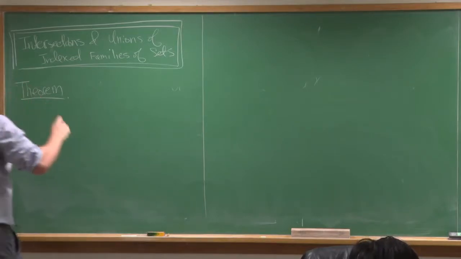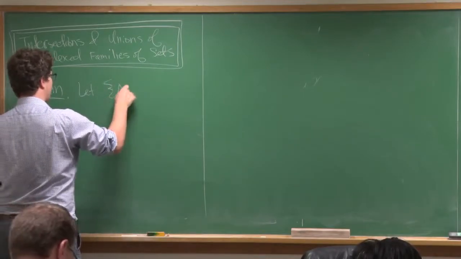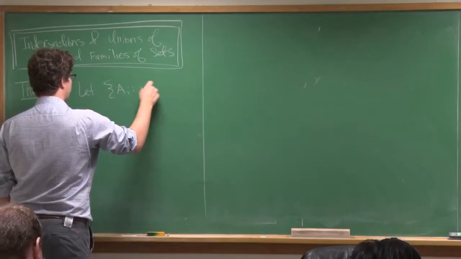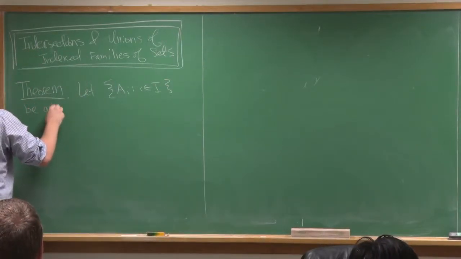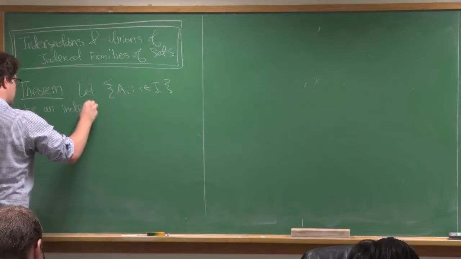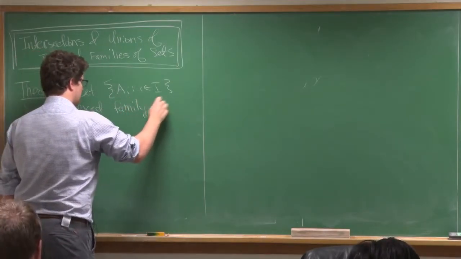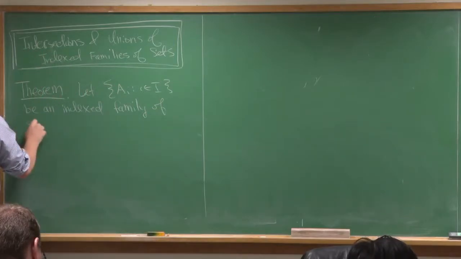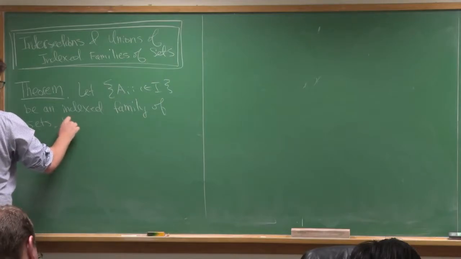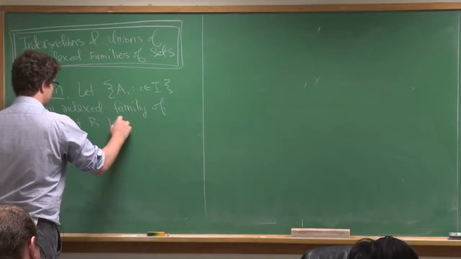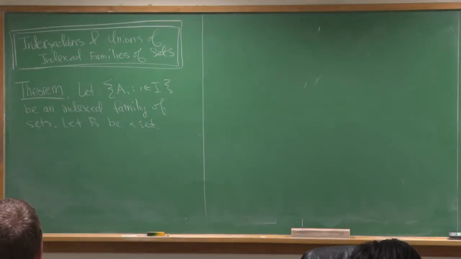So let A_i, for i in I, be an indexed family of sets, and let B be a set. We have the following properties.